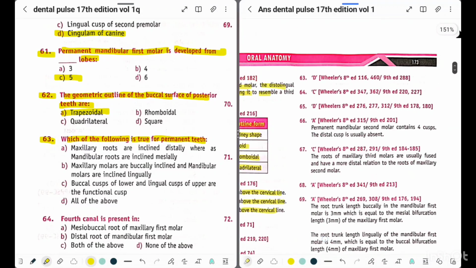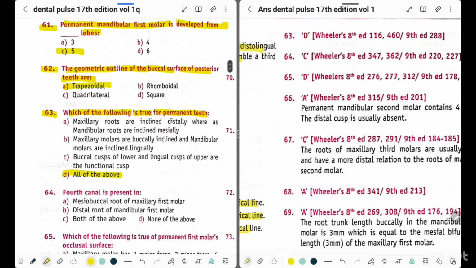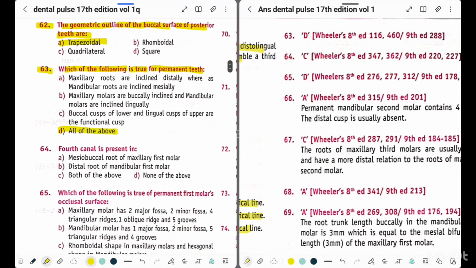So its answer is D, all of the above. All these three options are correct.